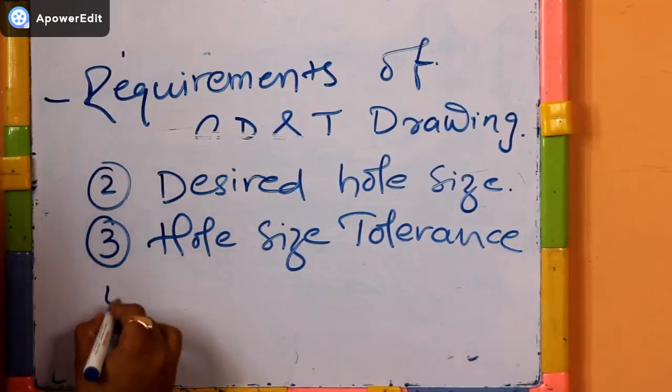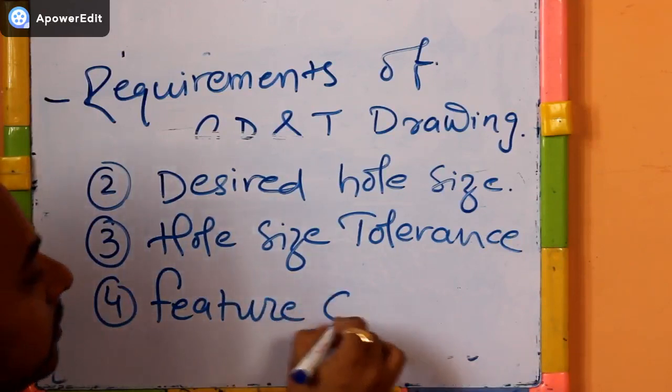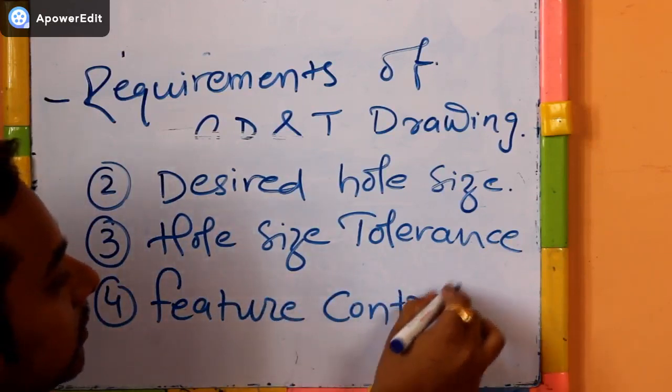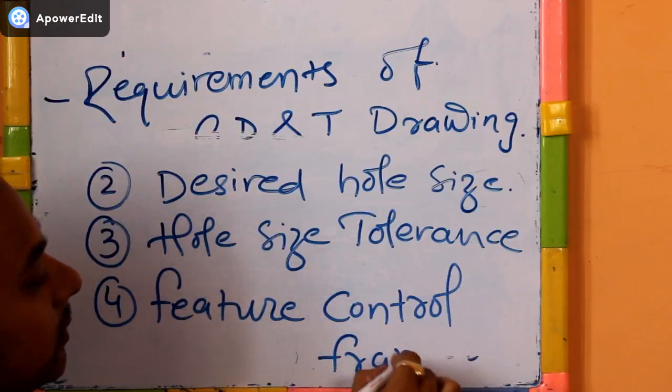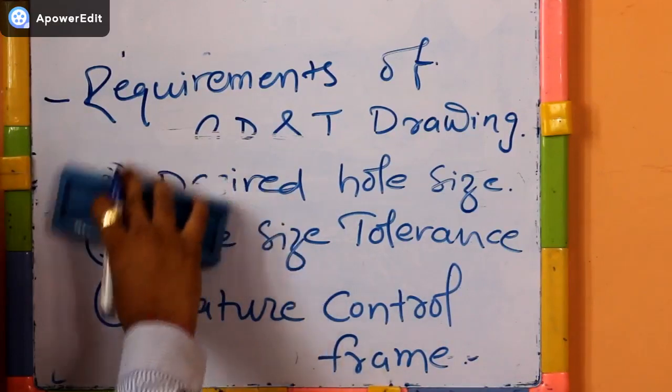And the fourth one is feature control frame. In case of feature control frame, what information is added?